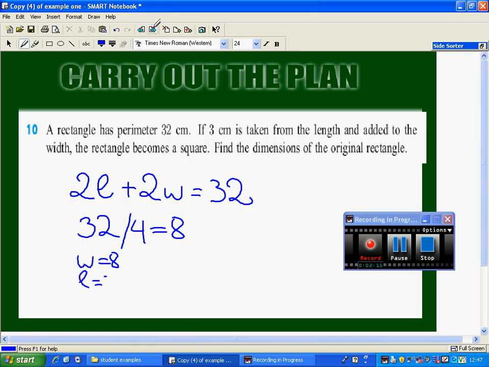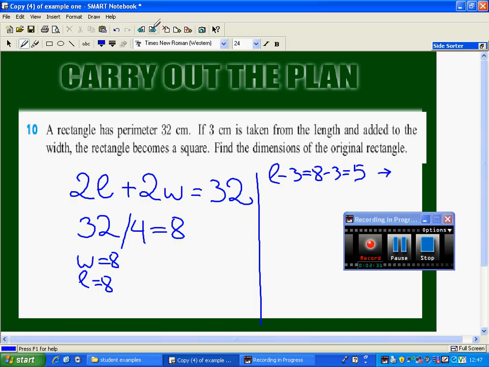And because in the rectangle the sides will be length L minus 3 and width plus 3, we know that 8 minus 3 is 5 and 8 plus 3 is 11.